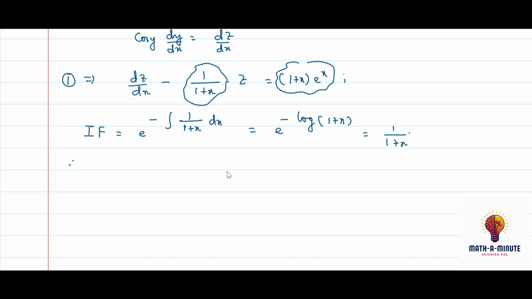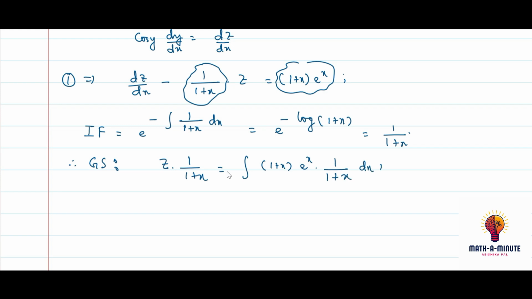So therefore, the general solution of the given differential equation will be z into integrating factor, means 1 by 1 plus x, equals to integration q(x). So here q(x) is 1 plus x into e to the power x into integrating factor, so it is 1 by 1 plus x dx plus c.